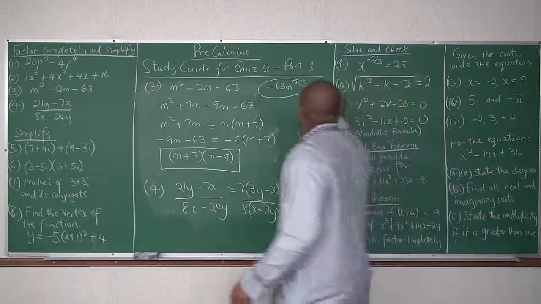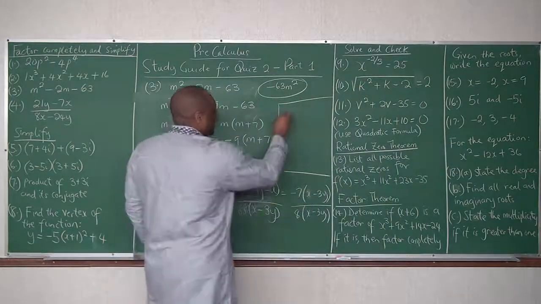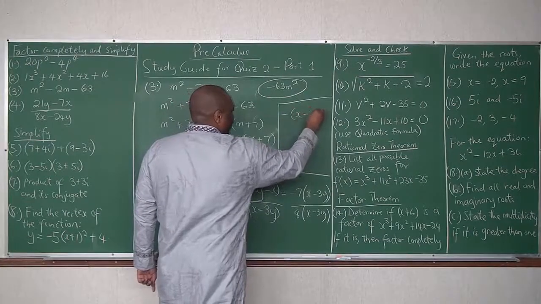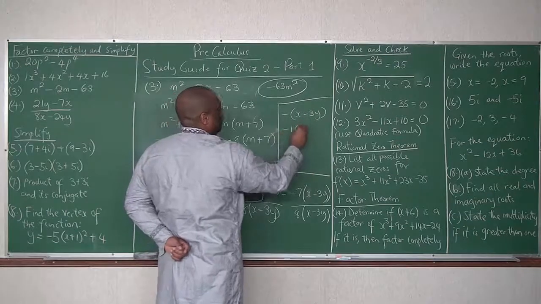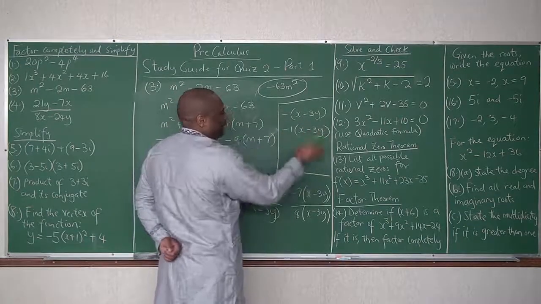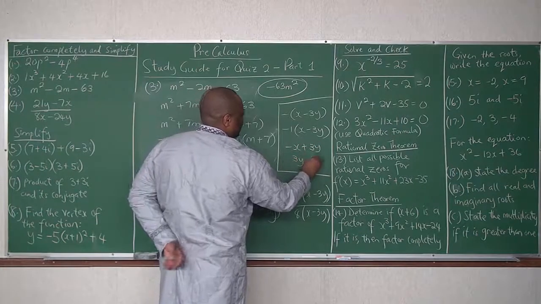I've explained this in my video. If you have negative times x minus 3y, if you expand this, it is negative x plus 3y, which is 3y minus x.